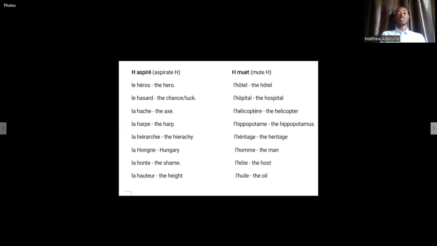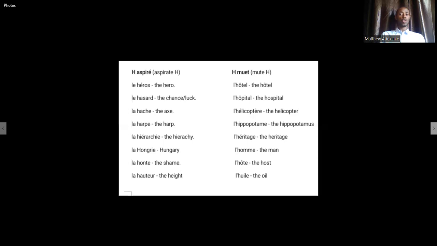Then for the silent H, normally hôtel is masculine. We would have said le hôtel, but we can't say that because we look at the H as if it is not there. That's why they say silent. So instead of saying le hôtel, you say l'hôtel. The E is going away, just like we did for the L apostrophe for words or nouns that start with vowel sound.